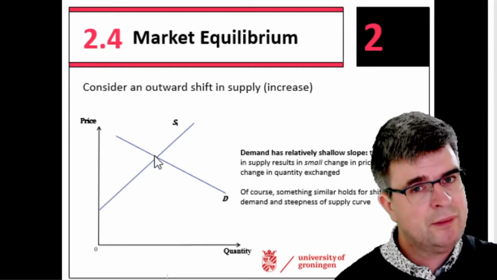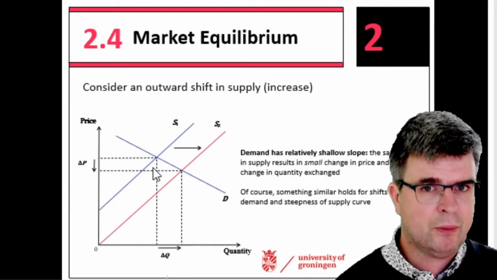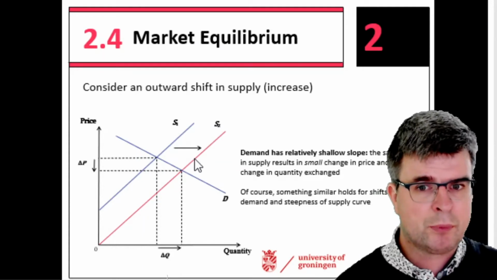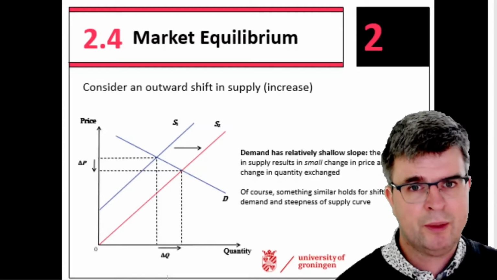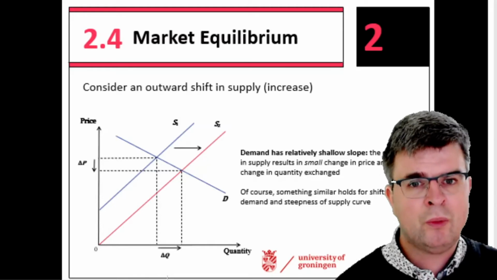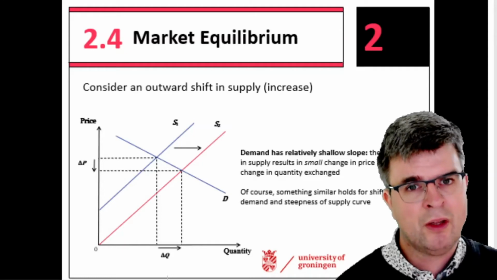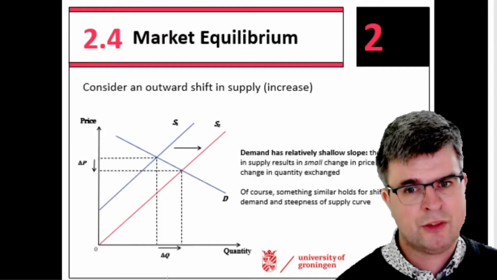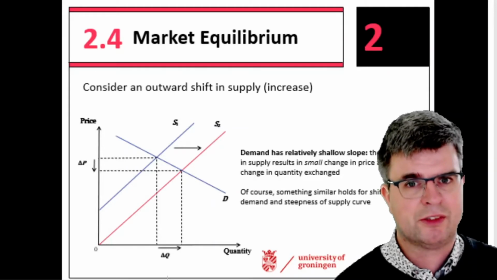In this case, if the supply curve shifts to the right, so at a given price, producers bring a lot more units to the market than before, you only need a small decrease in the price in order for the quantity demanded to meet the quantity supplied, because consumers are so responsive to price changes.